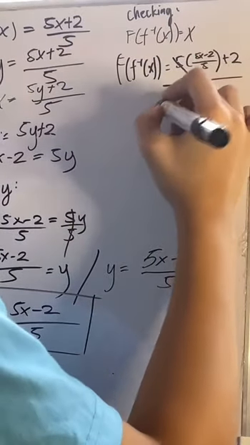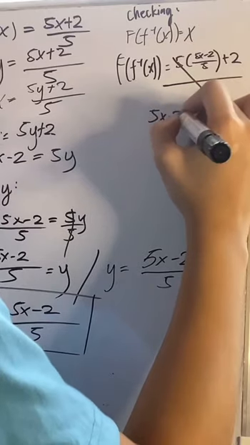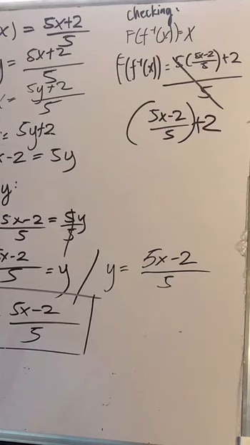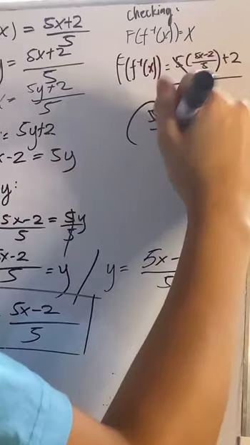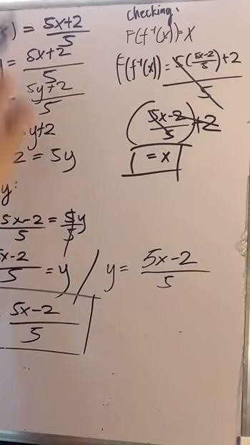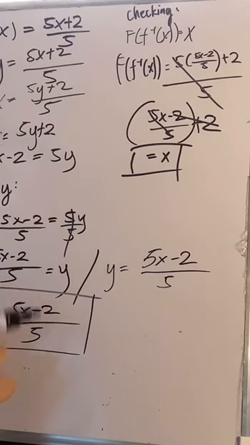Then write down the remaining, which is 5x minus 2 over 5 plus 2. As we have observed, there is negative 2 plus 2, that would be equal to 0. So we have to cancel that out. Same goes with 5x over 5. Out, so equals x. Therefore, the inverse of the given rational function is f raised to negative 1 of x equals 5x minus 2 over 5.